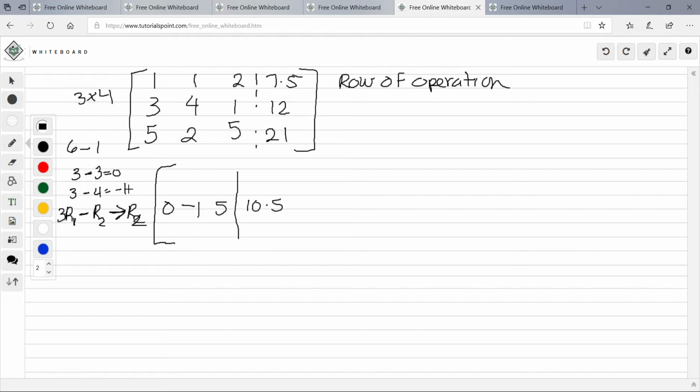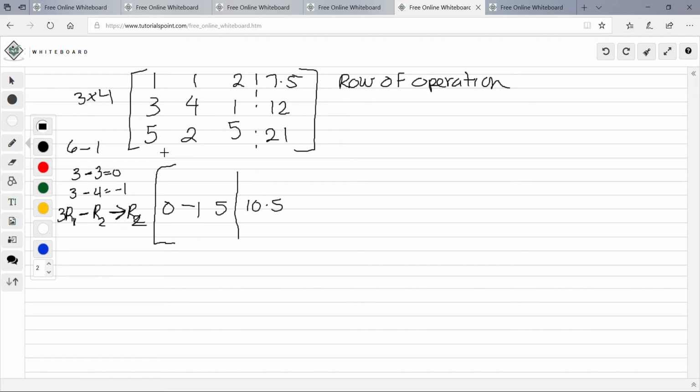So I did 3 times 1 is 3 minus 3, because that's row 2, so that's 0. 3 times 1 is 3 minus 4, that's how I got negative 1. 3 times 2 is 6 minus 1, which is 5. 3 times 7.5 minus 12 is 10.5.